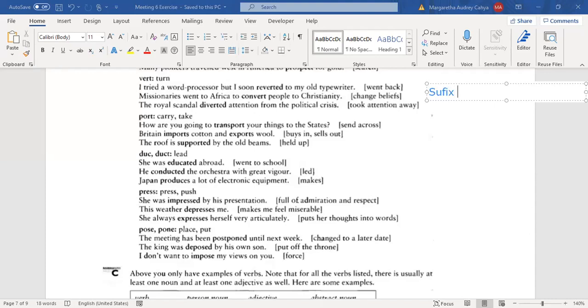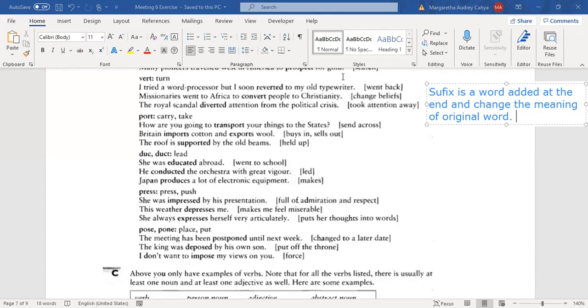Suffix is a word added at the end and changes the meaning of the original word. Ya kan?